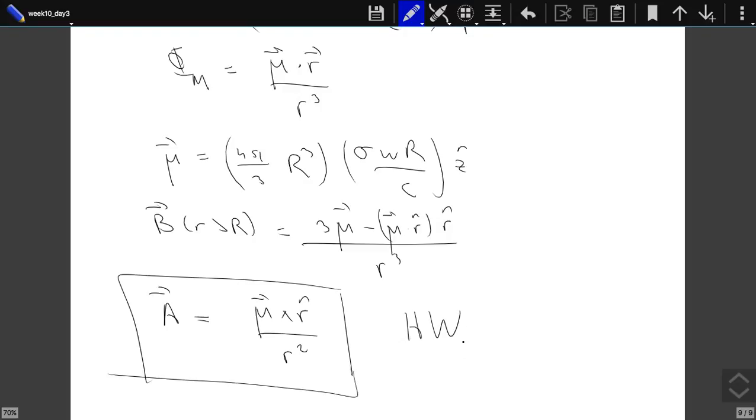You have also your homework for today, by the way. Even if I don't upload this as a separate homework as a PDF, this is still your homework. So you have this, just prove that this vector potential creates this magnetic field.